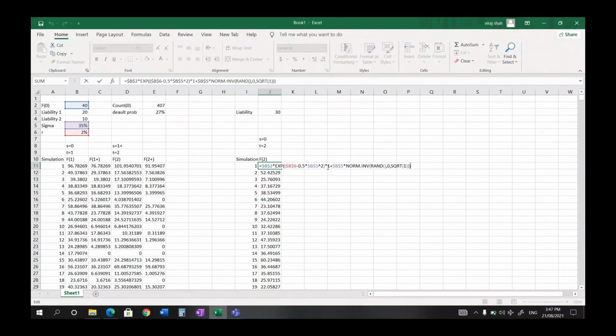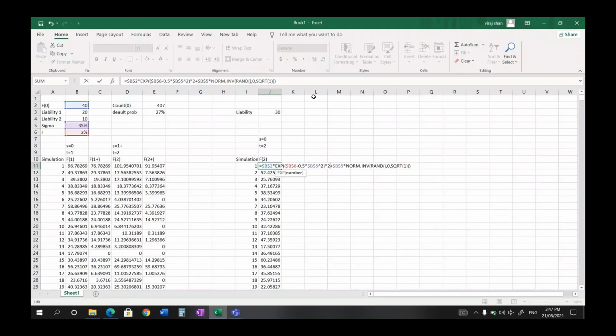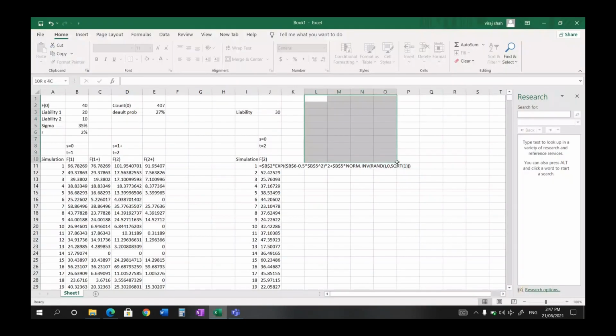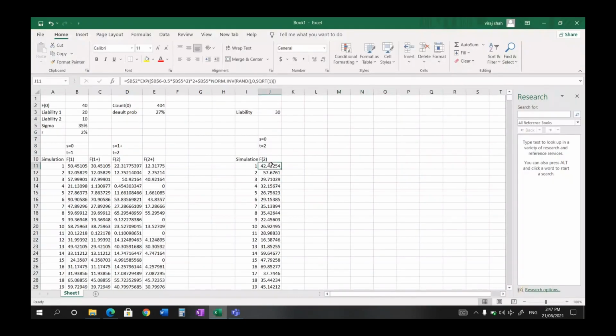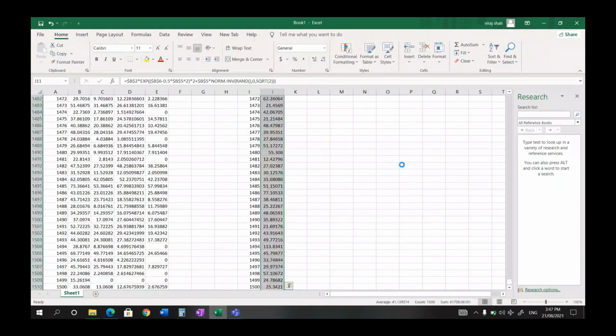This would be multiplied by 2 now because it is T minus S. And now for WT minus WS, dWT would be the square root of 2 now, because you are calculating it for the 2 time period. Everything else remains as it is. I will just drag this down.